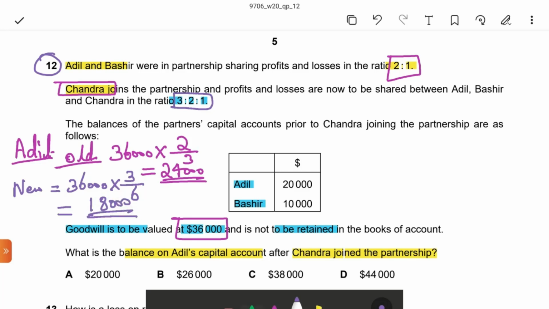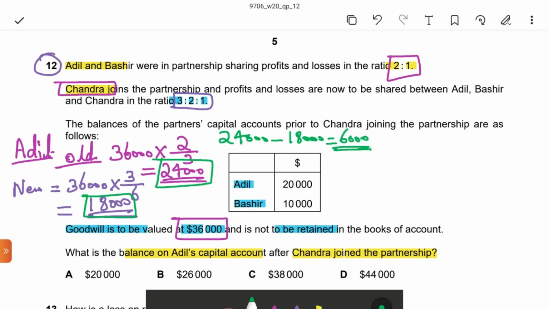Before he was getting 24,000, but now he is getting 18,000. So he is sacrificing. What is the difference? 24,000 minus 18,000. He is sacrificing 6,000.